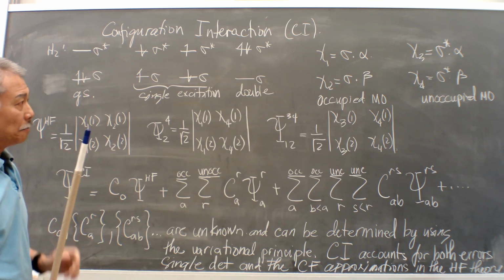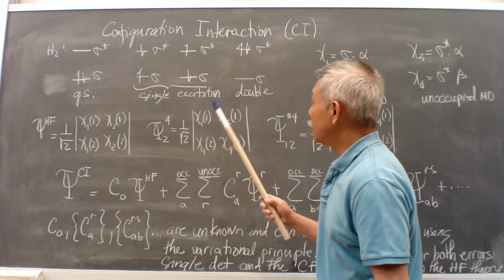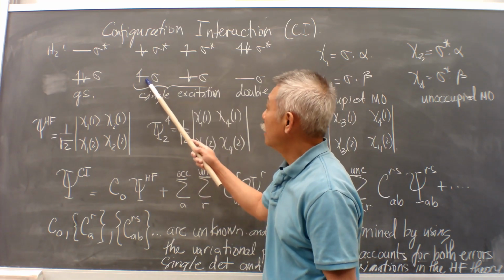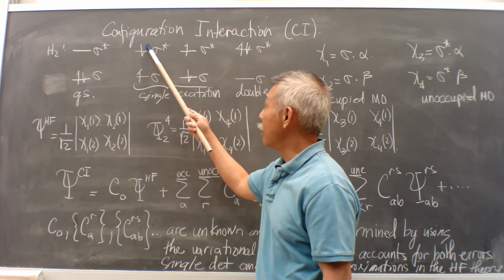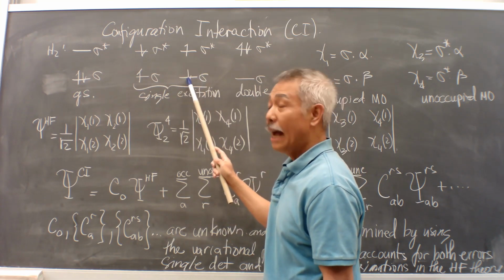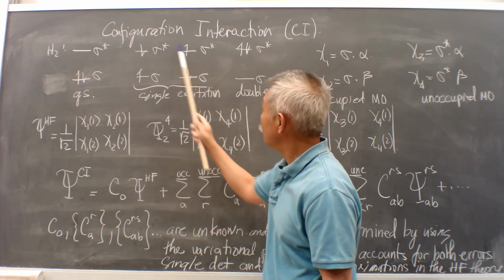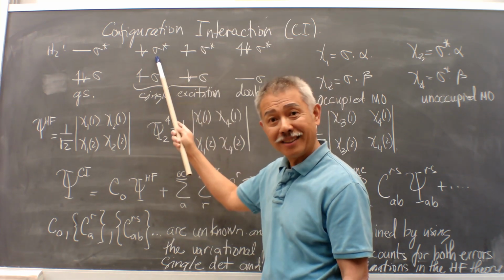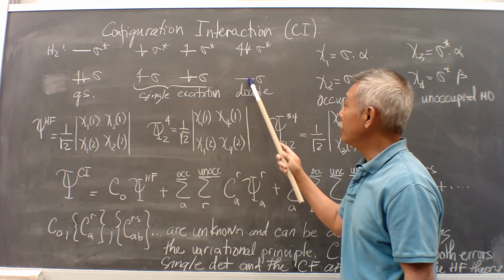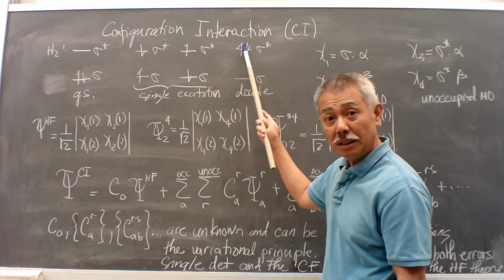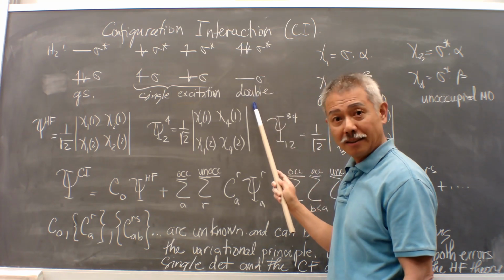Now, let's look at the single excitations. I can take the beta electron into the sigma star, or I can take the alpha electron over to the sigma star. Both of these are single excitations. Or I can excite both electrons to the sigma star orbital, and this is a double excitation.